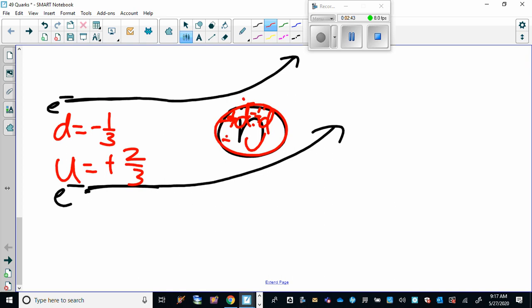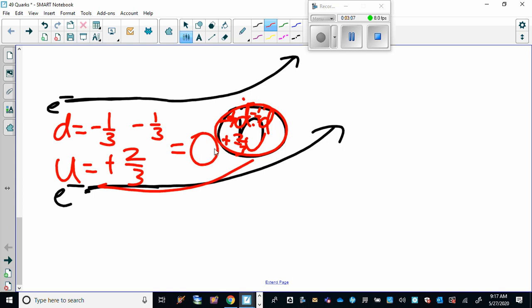And the lower part of the neutron is positively charged, so it's going to attract that electron. Because it has two downs and one up, you add those together, and what do they equal? 0. So it is overall neutral, but a neutron has two downs and an up quark.